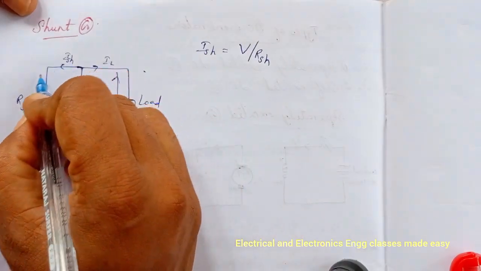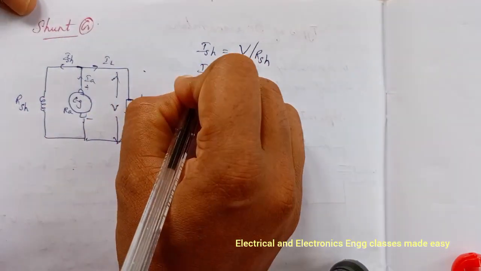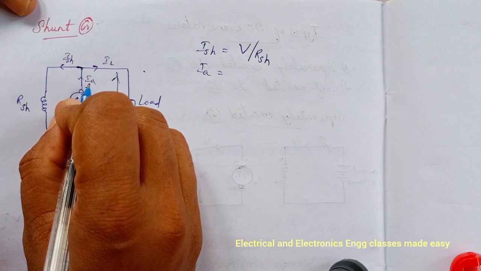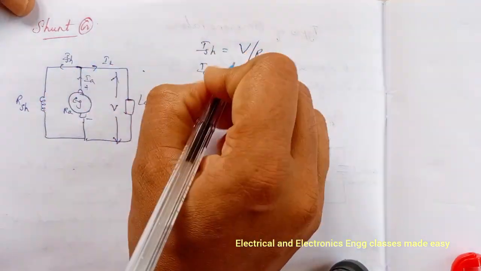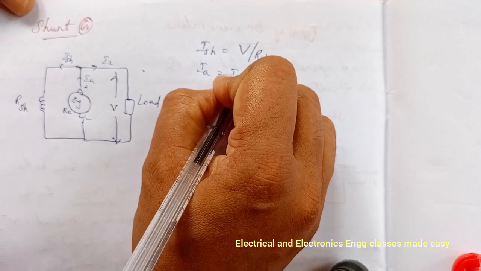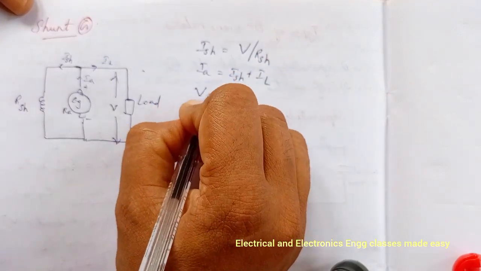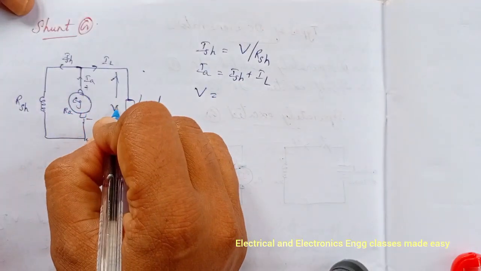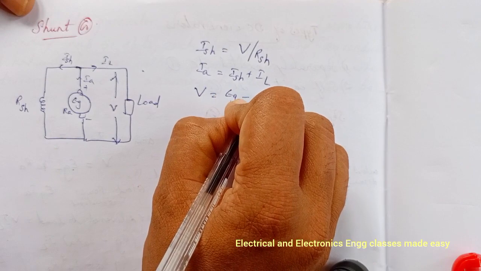So ISH will be equal to V divided by RSH, and armature current IA is equal to the sum of these two currents, that is ISH plus IL.